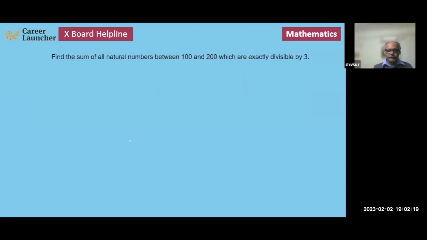Agla question. Find the sum of all natural numbers between 100 and 200.